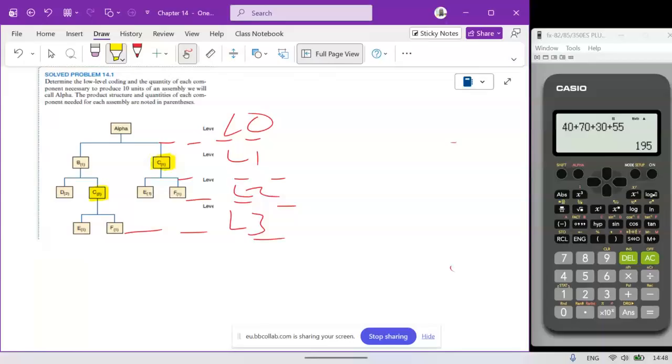This and that. They are supposed to be in the same level. This and that, they're supposed to be where? In the same level. That's because they are product C. So you need to adjust it so that this thing can be in the same level as this. They must be under level 2, both of them.